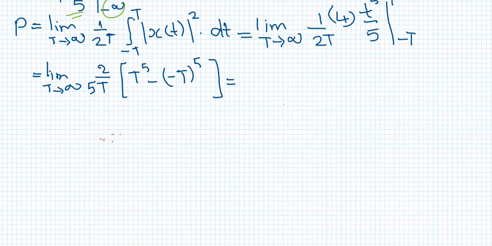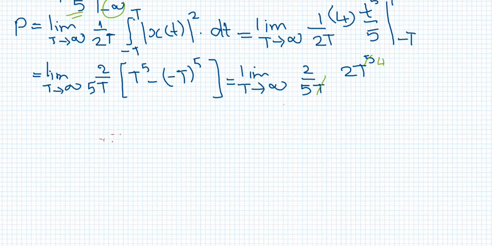So minus minus will become plus, so it will become limit t tends to infinity. I will get 2 divided by 5t, and we are going to have 2t power 5 here. If I divide them, if I divide t with this one, it will become 2t power 4.